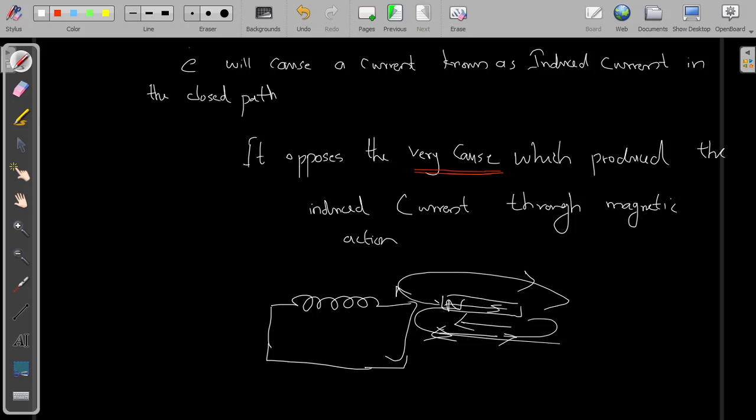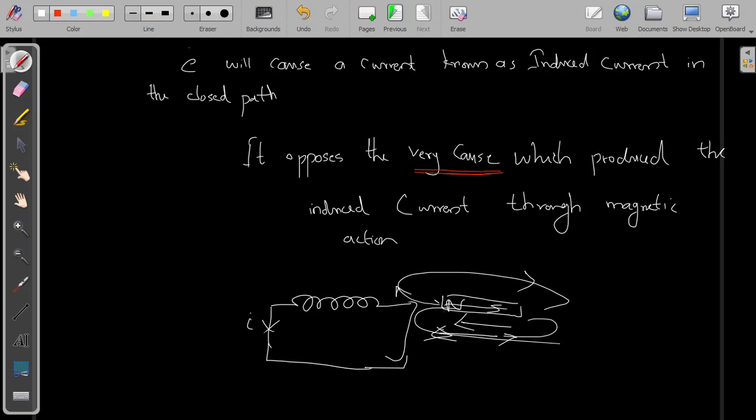First law. We will have an induced EMF established in the circuit, and that induced EMF will cause a current I to flow, like this.